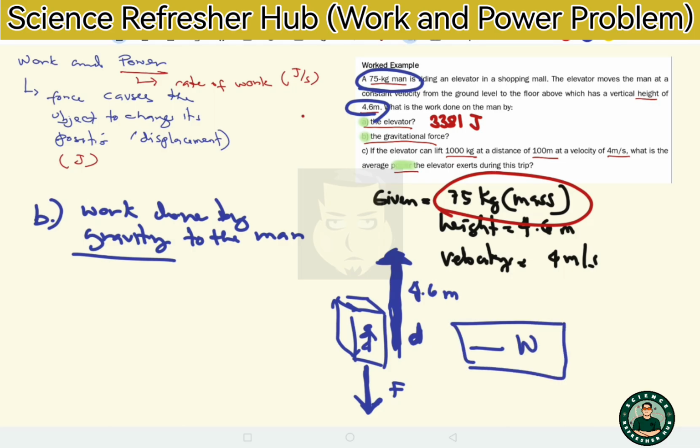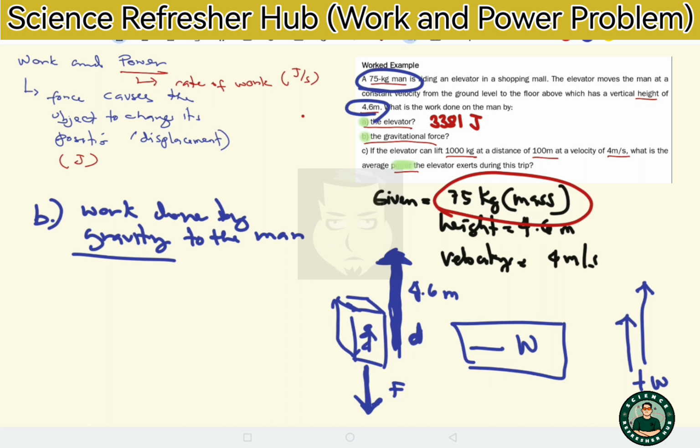Since we're not using cosine here, we will automatically put negative to our answer because it's a negative work. It informs us that the force and displacement directions are opposite to each other. So we have negative work. In this case, they're opposite, so we have a negative answer here.